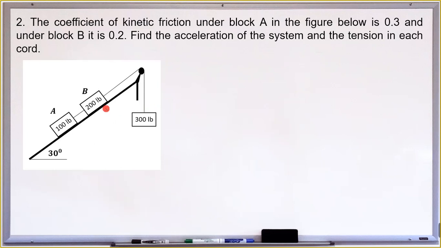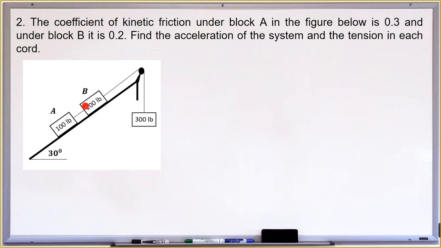So we have here a system of rigid bodies. We have three objects here: object A, object B, and this 300-pound object that is hanging in this pulley. So the coefficient of kinetic friction under block A in the figure below is 0.3.